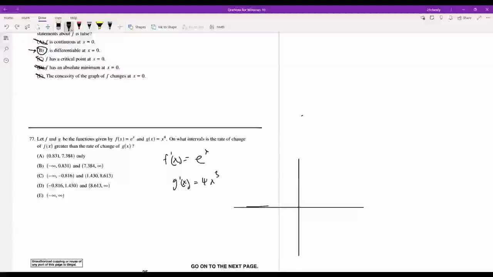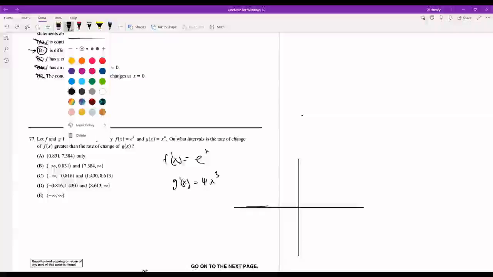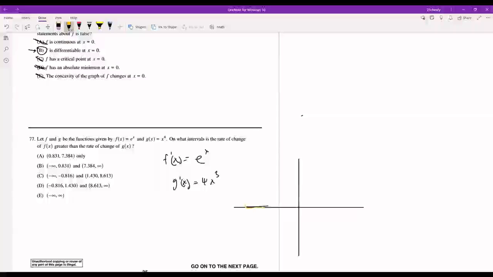There we go. So this is e to the x. It doesn't actually cross the x-axis, I'm just not being super precise right now.